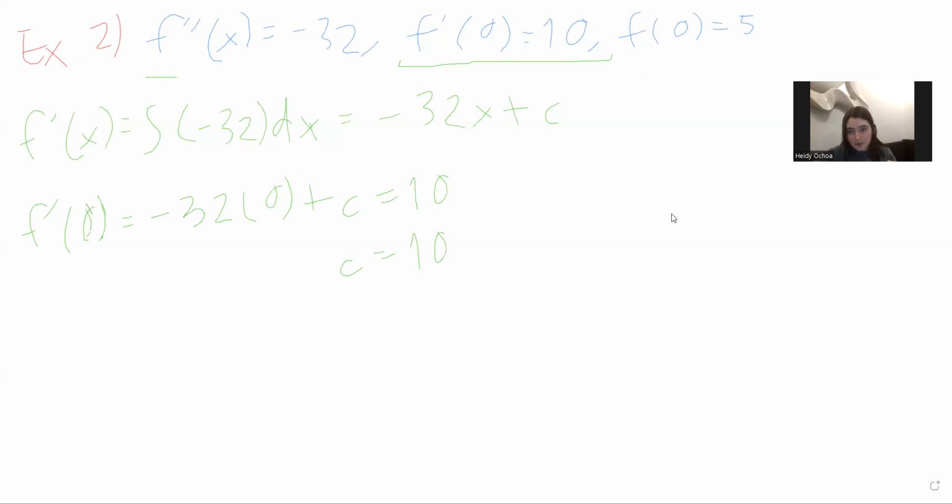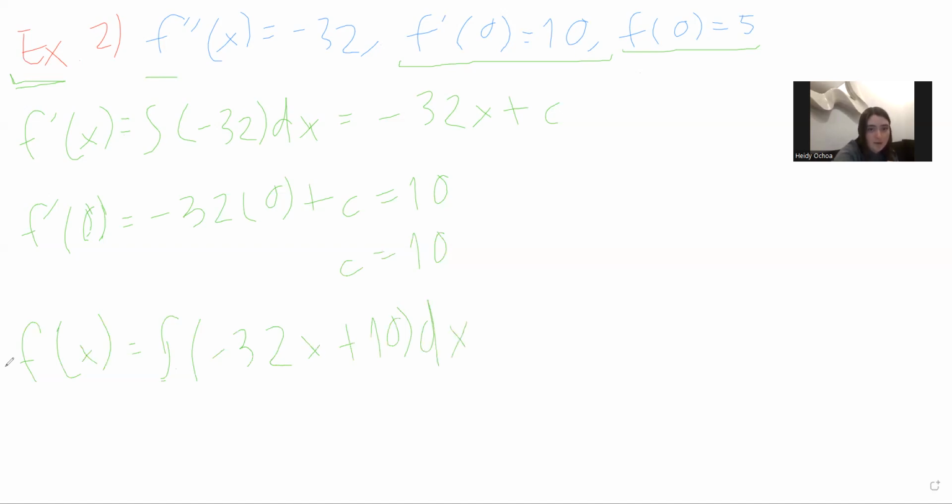And in this second exercise, we also have that f of 0 equals 5. So now we need to find the other integral, f of x, which is the integral of minus 32x plus 10 dx.